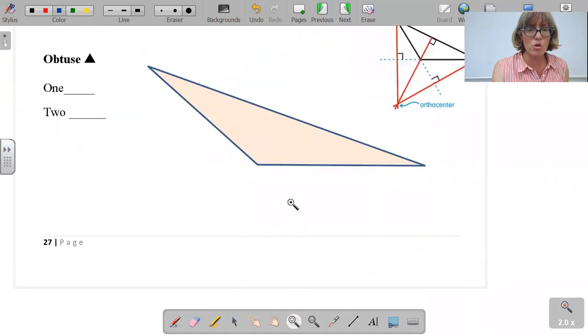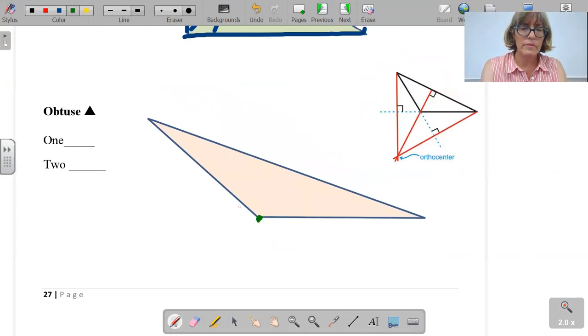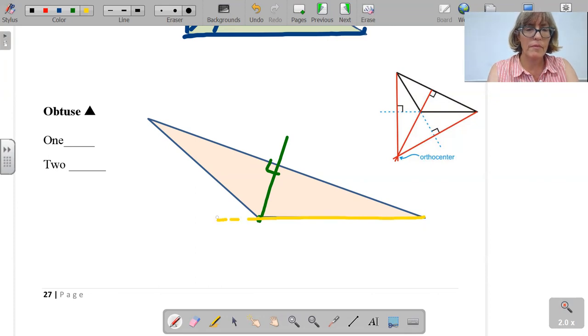Things get really strange in an obtuse triangle. In an obtuse triangle, one altitude is inside. And to get straight down from this corner, you actually have to extend the side and then straight down.